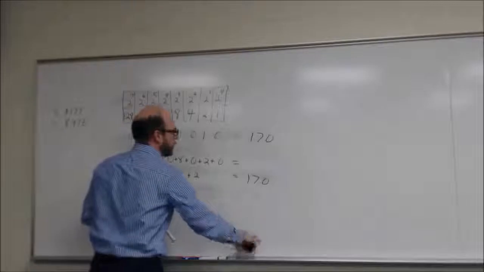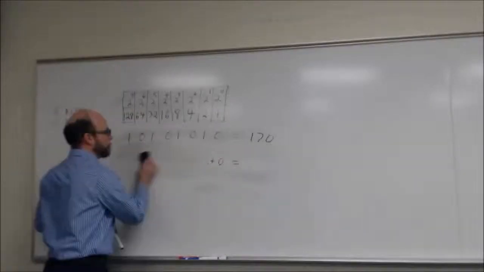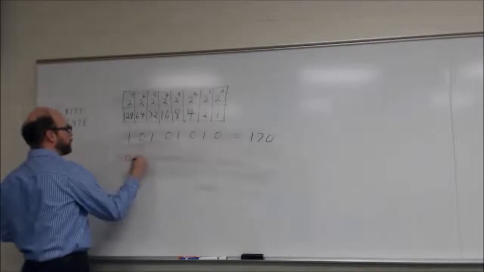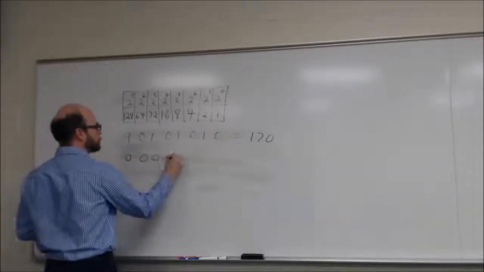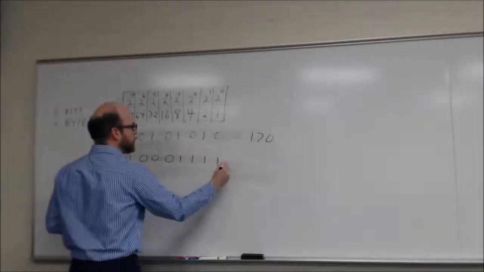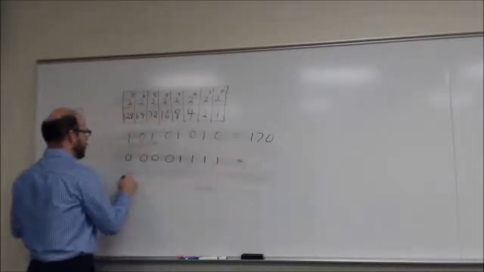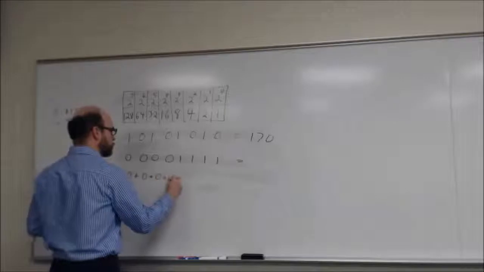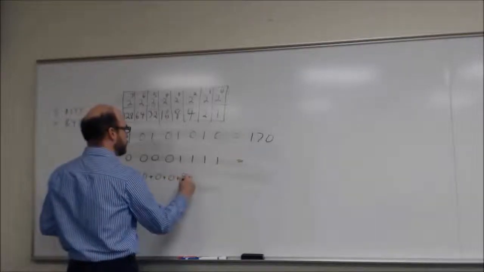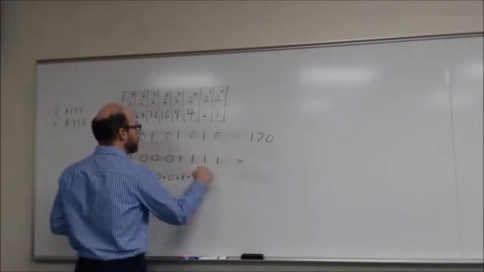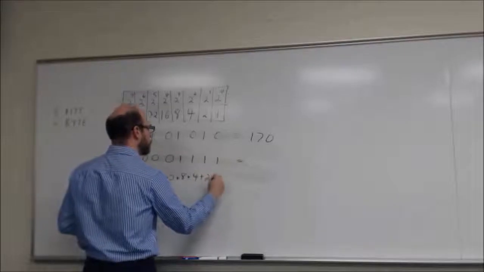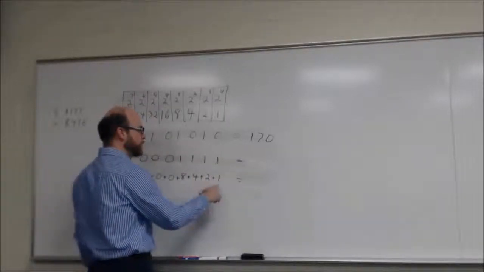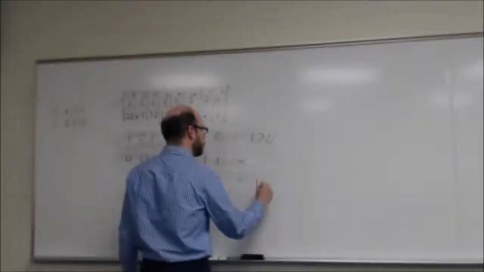So for example, if this were our number, there's our binary number, and we've got all zeros in front. So we've got an 8 plus 4 plus 2 plus 1. 8 plus 4 is 12, plus 2 is 14, plus 1 is 15.